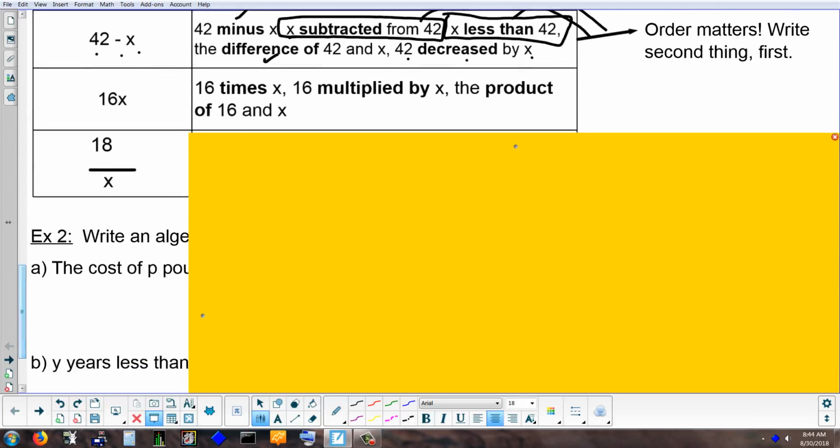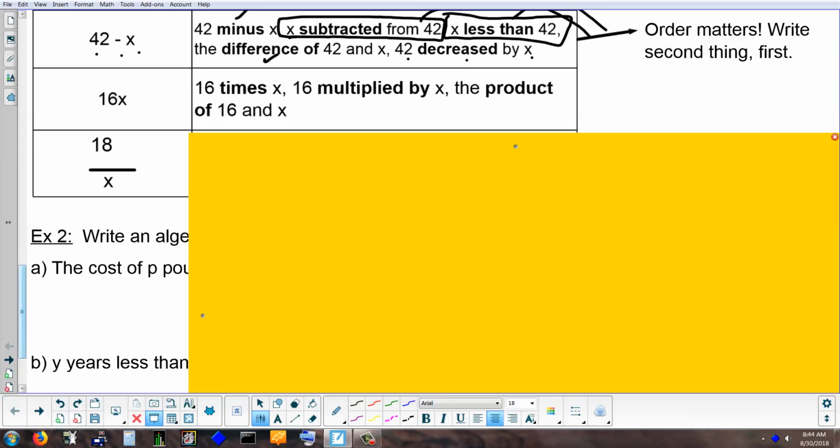Okay, and how about the last one? What operation are we doing there? Yeah, Ellie? Division. So what's one way you could say that? If it was flipped, we could say x divided by 18, but this one, the 18 is on the top, so it would be 18 divided by x. Does anybody know what you call it when you divide two things? 10 divided by 5 is 2. 2 is the what?